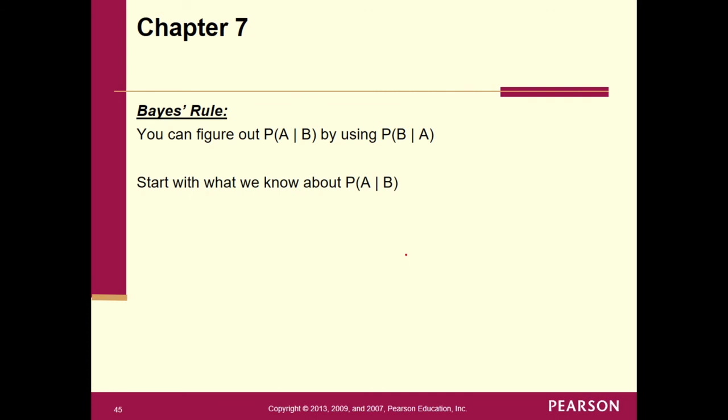So we start with what we know about the probability of A given B. Based upon the formula that I showed before, that's equal to the probability of A and B divided by the probability of B. But remember what I told you earlier: the probability of A and B in the numerator is equal to the probability of A times the probability of B given A. Makes sense, right?